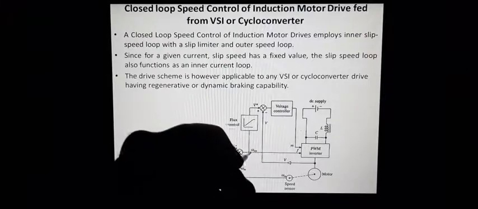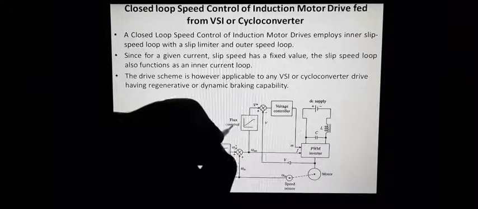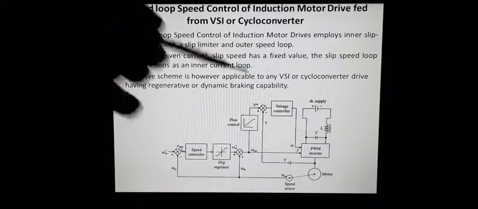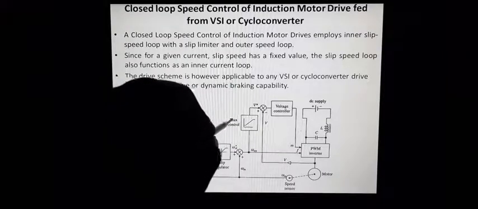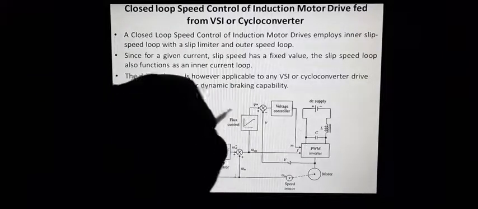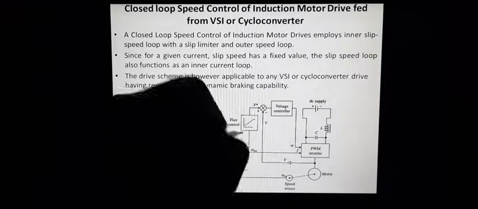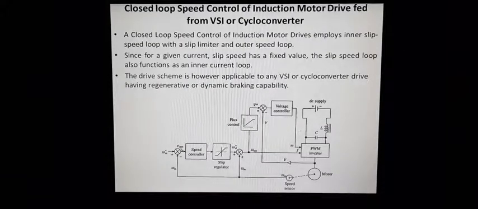If that particular value of frequency is given as input to this flux control block, definitely this flux control block is the one which ensures that the value of flux remains a constant value. So if you are giving that particular value of frequency to this flux control block, definitely by using the computations over here, you will be able to get the value of voltage corresponding to this particular value of frequency, so that the flux will remain a constant value.